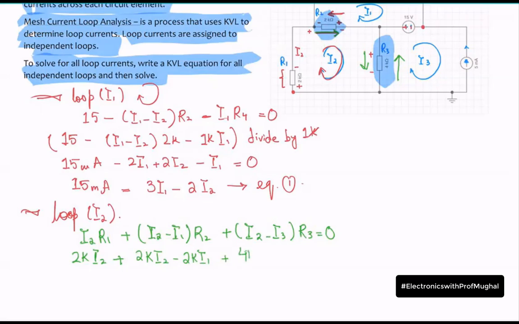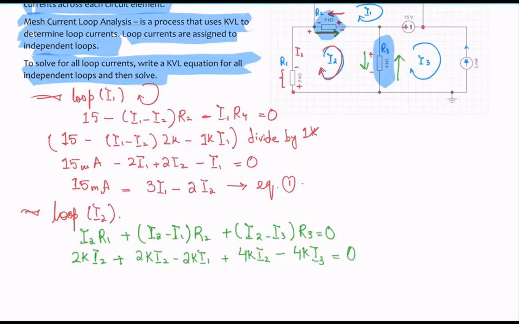4K I2 minus 4K I3. And then this equals 0. And just for the sake of simplicity, I'm going to divide this whole equation by 2K.